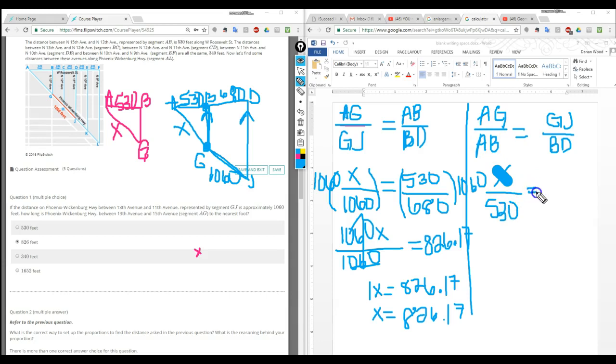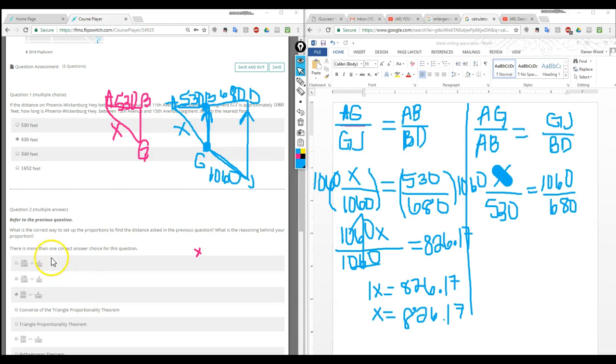That's going to equal GJ, which was 1060, divided by BD, which is 680. So let's see if they have that option as well.